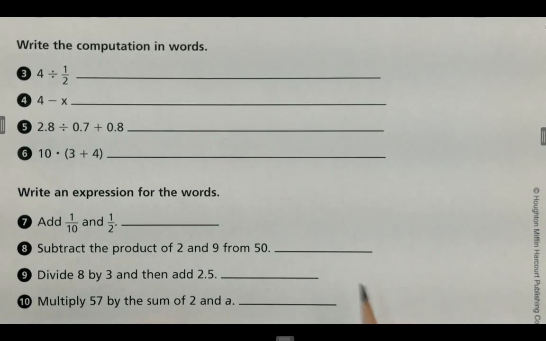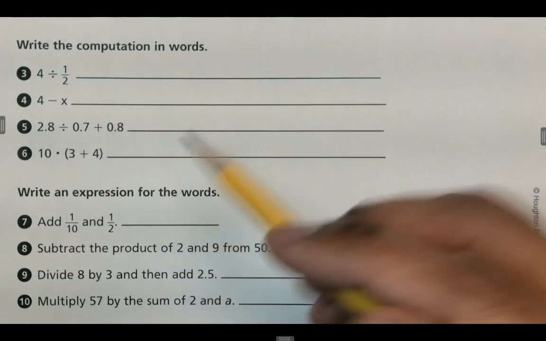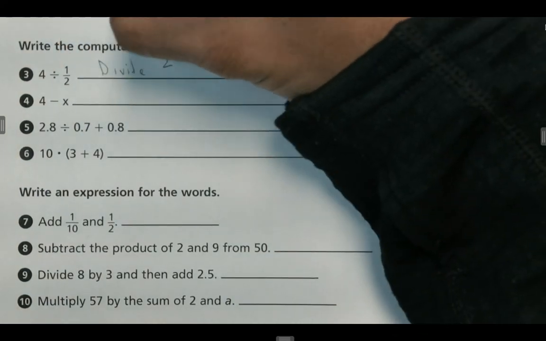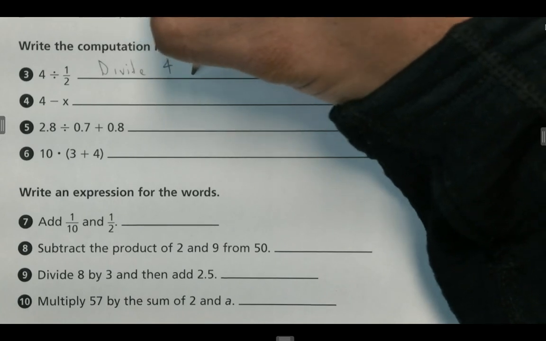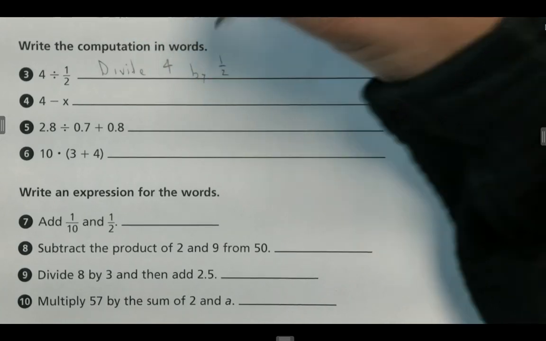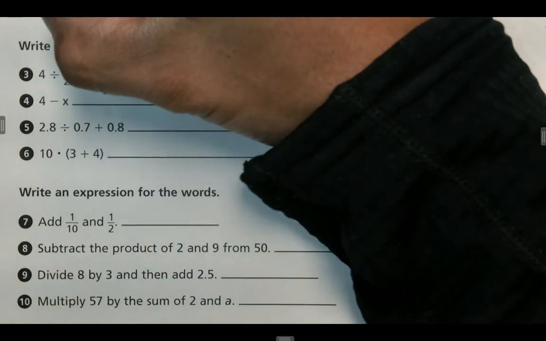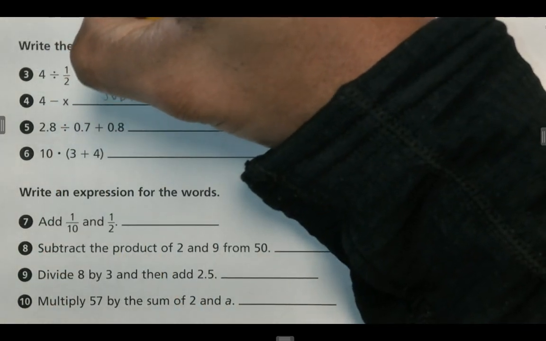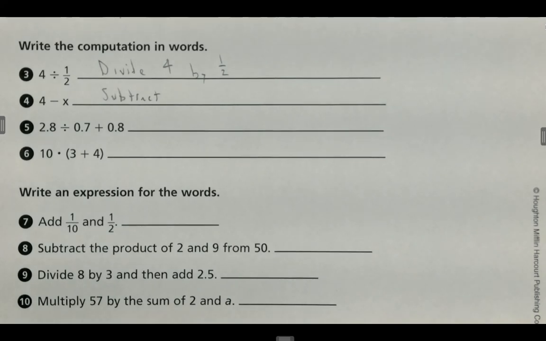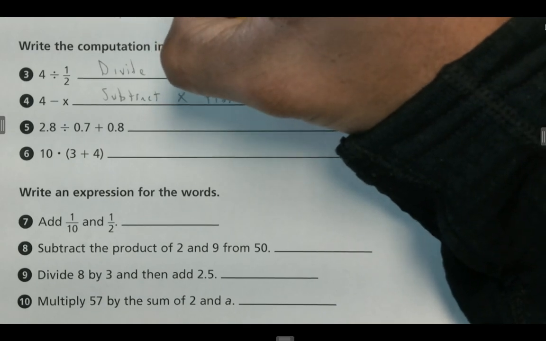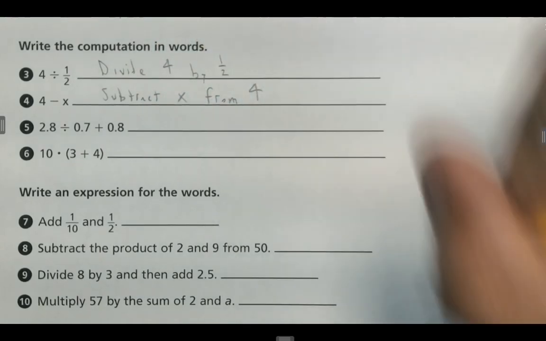That's just the way I'm going to do it. 4 divided by a half, I'm going to say divide 4 by 1/2. Next, we're subtracting here. Subtract 4 from x? No. x from 4.